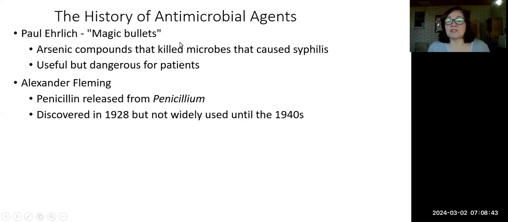And then Alexander Fleming, he was the person credited with discovering the first antibiotic, the first antibacterial medication. And it's genius. Penicillin is the compound, and it's called that because it was released from a fungus called Penicillium. That's the genus name. If you think about this ecologically, fungi and bacteria are often competing for resources.